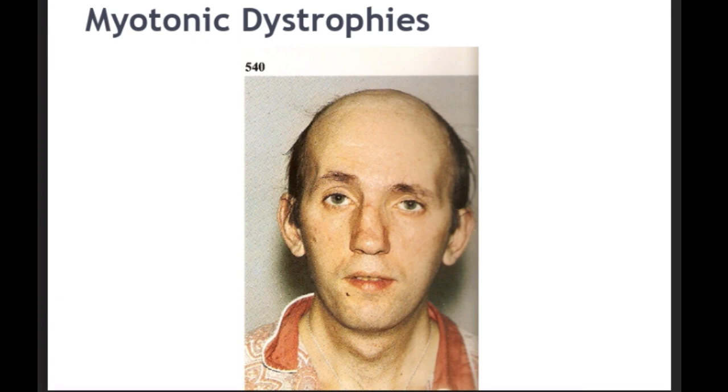Associated problems can include frontal baldness, posterior subcapsular cataracts, gonadal atrophy, respiratory and cardiac problems, endocrine abnormalities, intellectual impairment, hypersomnia or sleep apnea or hypopnea syndrome, and complete heart block, which may be life-threatening.